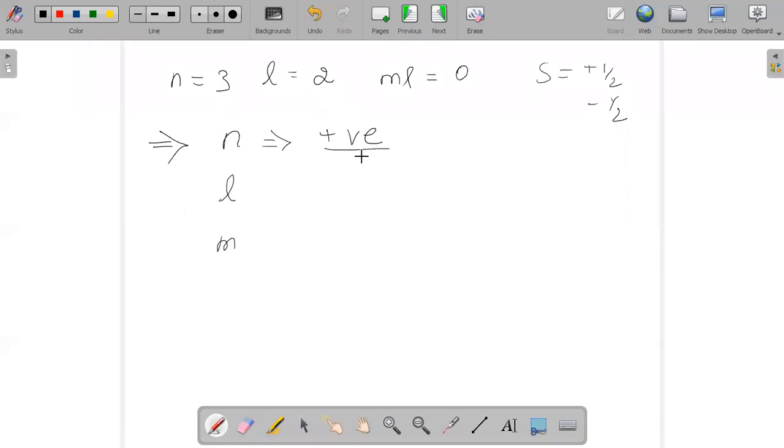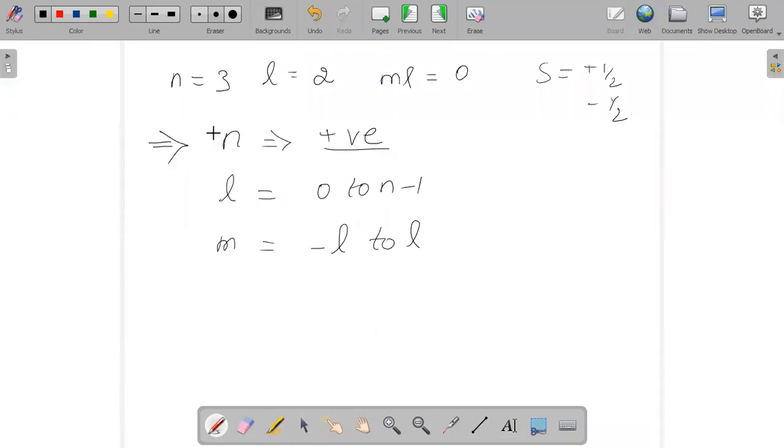L can be any integral value from 0 to n minus 1, and ml, as we have already discussed, is minus L to L. Hence they may give you a set of quantum numbers and you have to pick which can form a set of 4 quantum numbers.